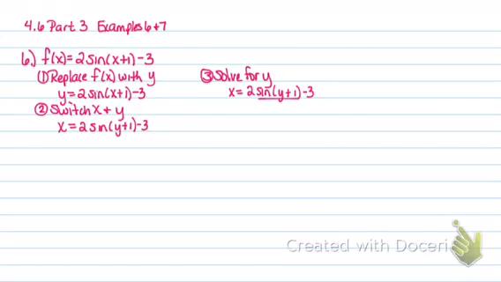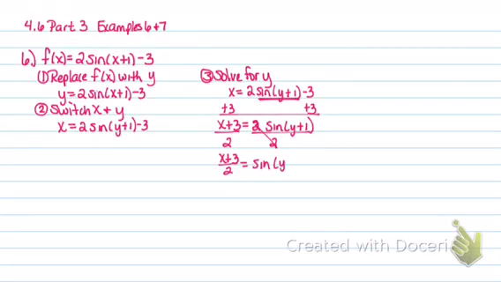So let's get that sine of (y + 1) by itself. Let's add the 3. So x plus 3 equals 2 sine of (y + 1). Then let's divide by the 2. So (x + 3) over 2 equals sine of (y + 1).